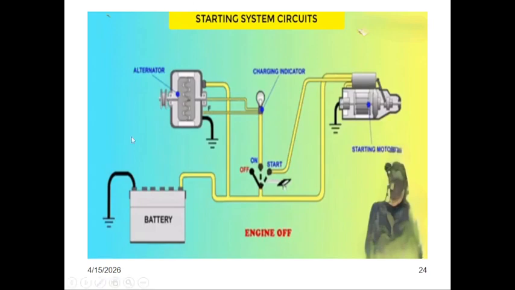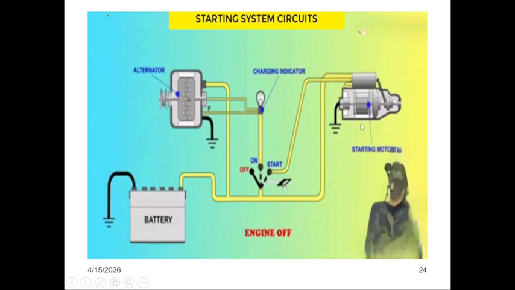The battery is connected to the charging indicator. When the engine is on, the on connection takes place with the help of the display, the PLC and the IoT, and this IoT is helpful for the engine indicator with the charging system, which is connected to the starting motor.